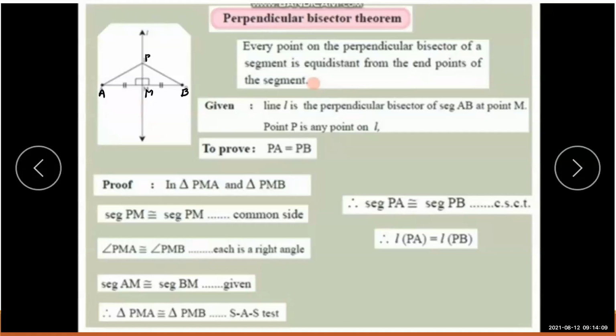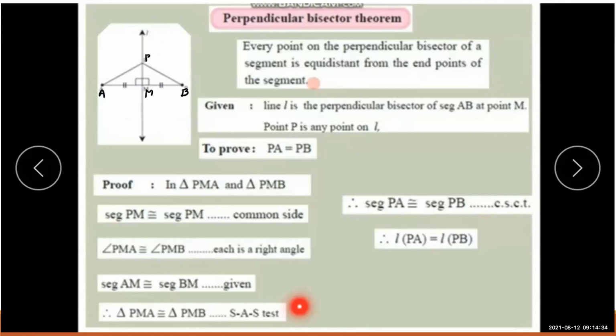So the factors we got are segment PM, then angle M, and again a segment: segment, angle, segment. So SAS test. By SAS test, both the triangles are congruent to each other.